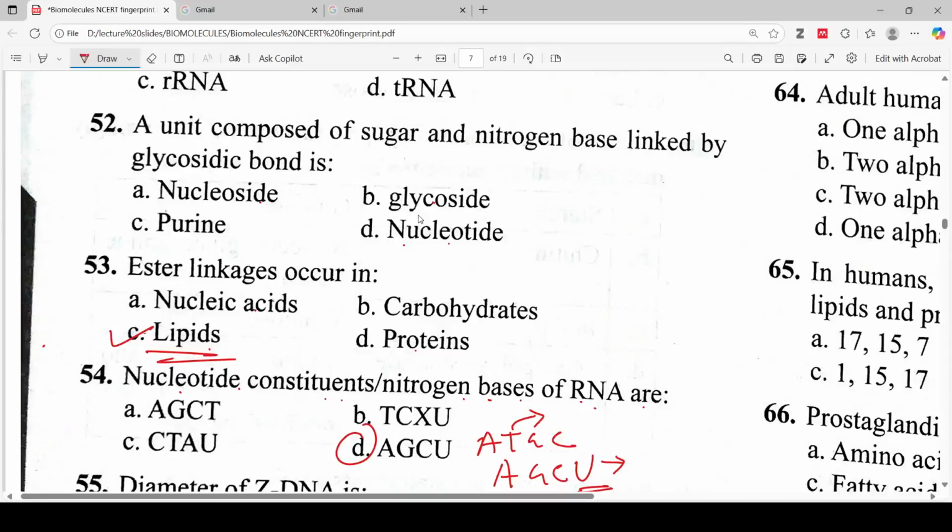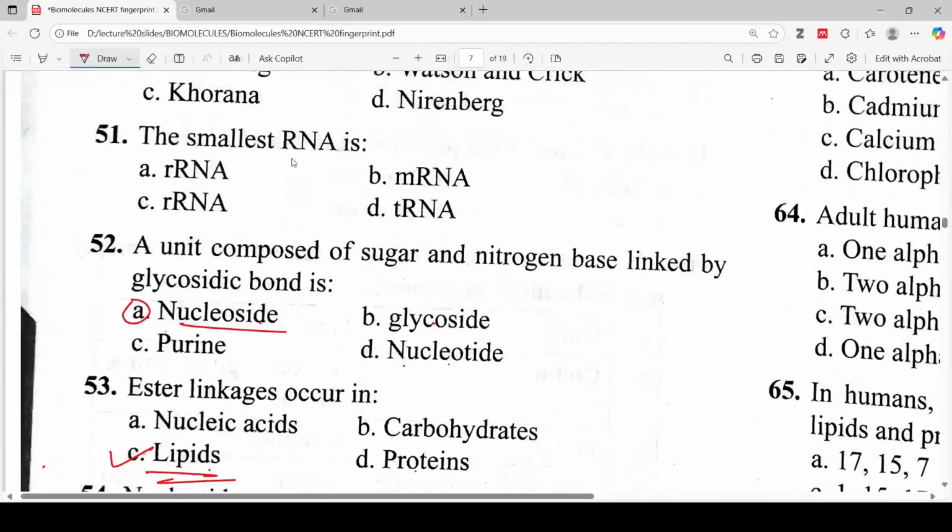So a unit composed of sugar and nitrogen base linked by glycosidic bond is called nucleoside. So the correct answer is nucleoside. Next question.